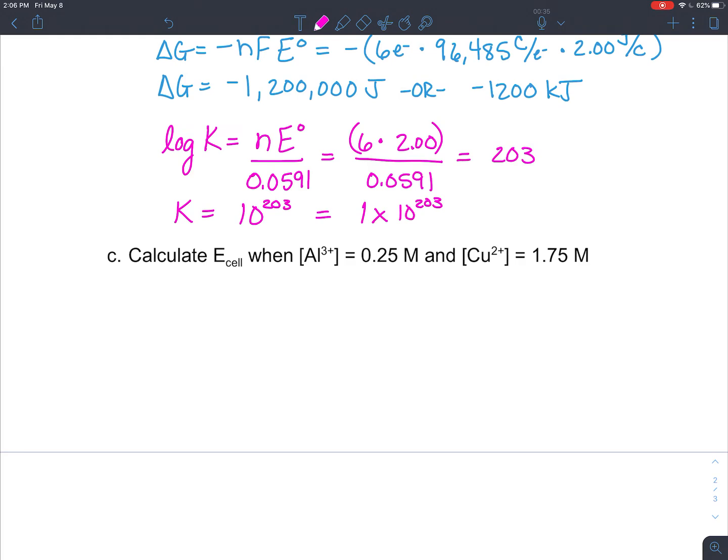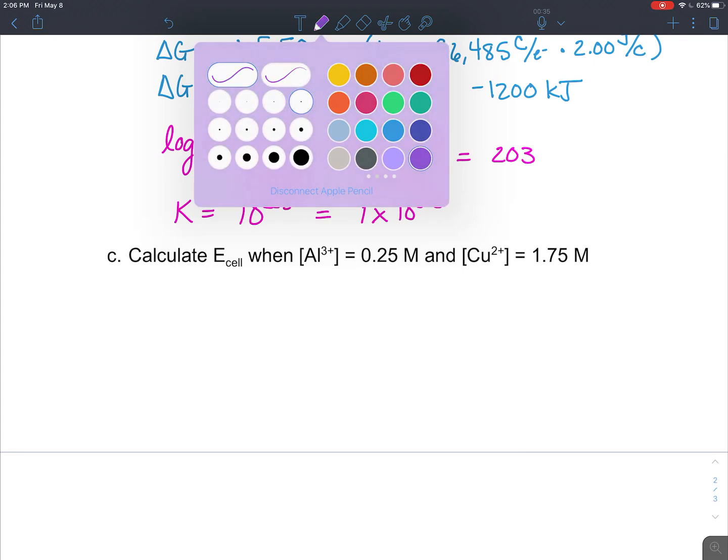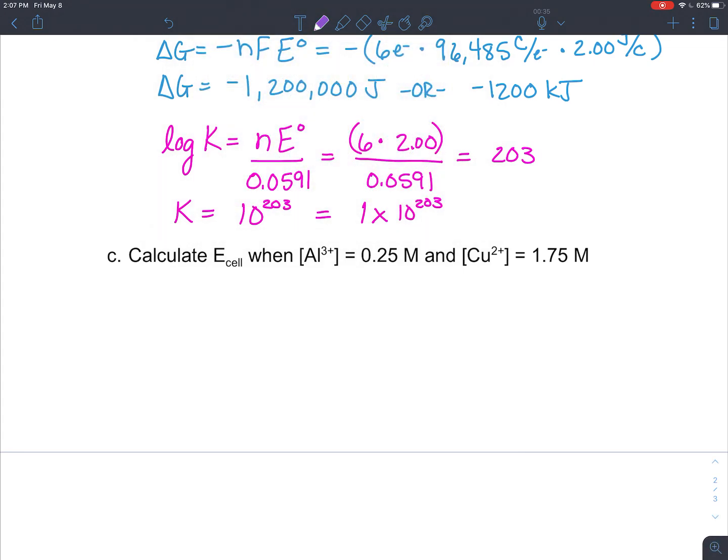Okay, part C. So now we want to calculate E cell when we have these particular concentrations. All right. So we're going to go back up and use our Nernst equation.